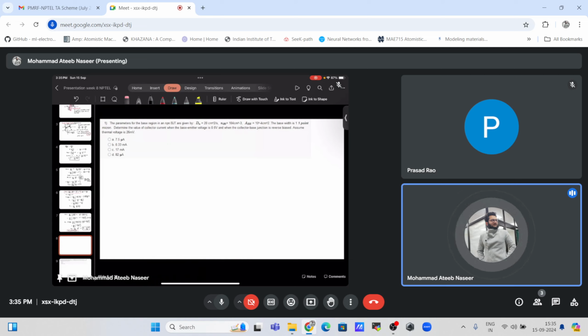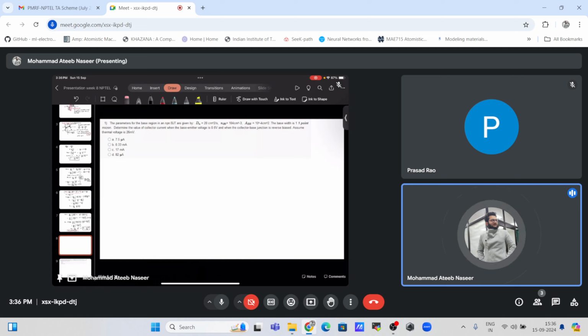You know that the BJT can be of two types, NPN and PNP, and we can connect it in three different configurations depending upon which lead is common to the input and the output: common base, common emitter, and common collector.